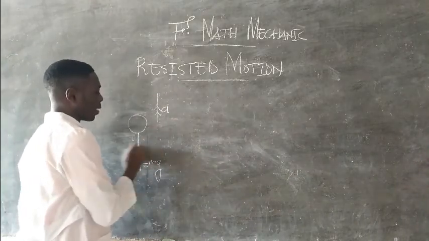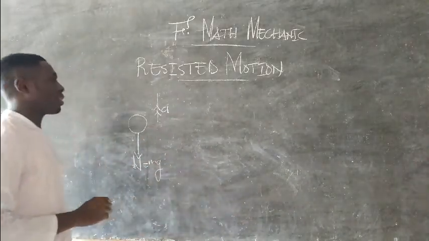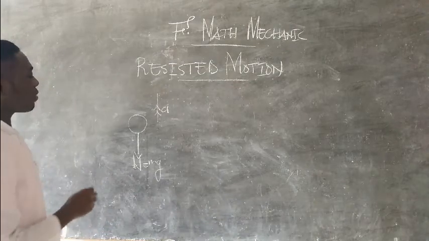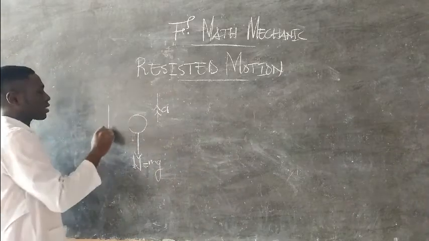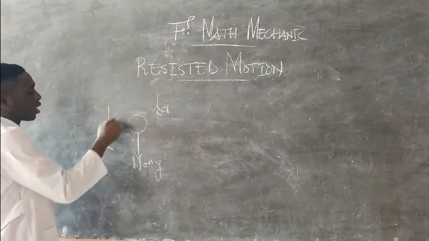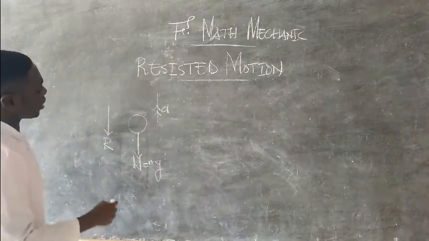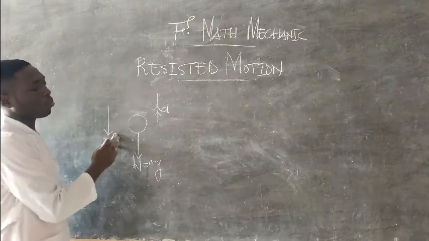Weight is a force which always acts downwards. Now, if the particle is moving up, the resistance will be acting in the opposite direction to it, trying to stop it from moving.